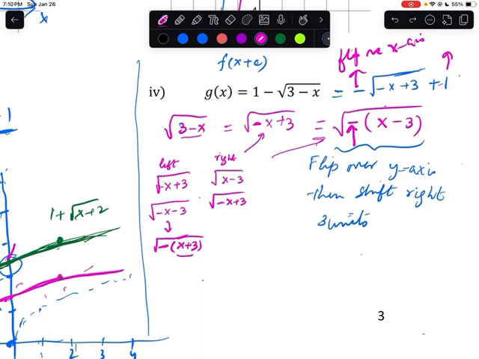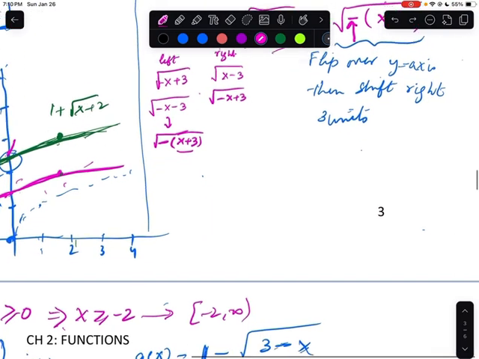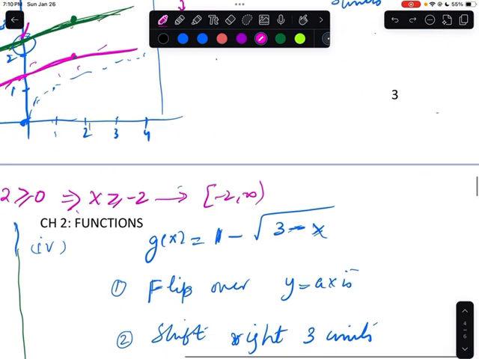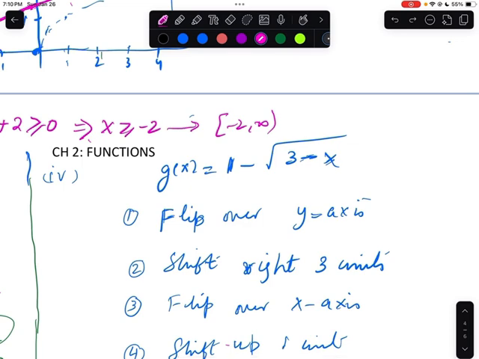Okay, so now let's look at all the transformations. Our function is g of x is equal to 1 minus square root of 3 minus x. So first will be the flip over the y-axis, which is basically this portion. Then when we have the 3 there, it means shift right 3 units, and I showed you why.